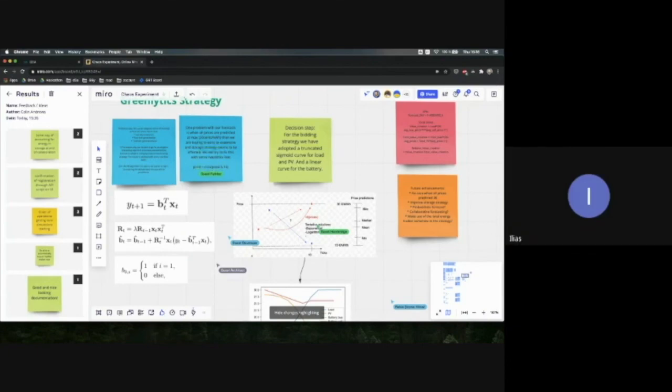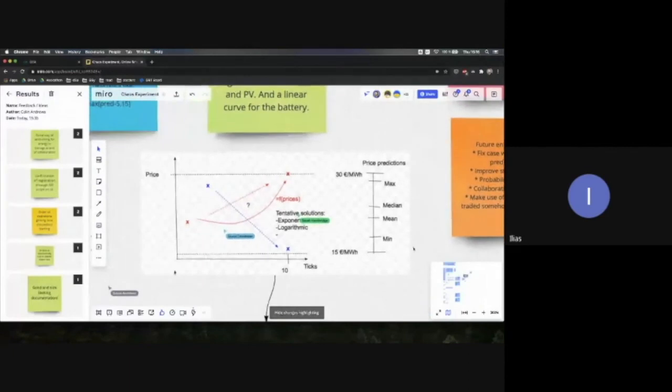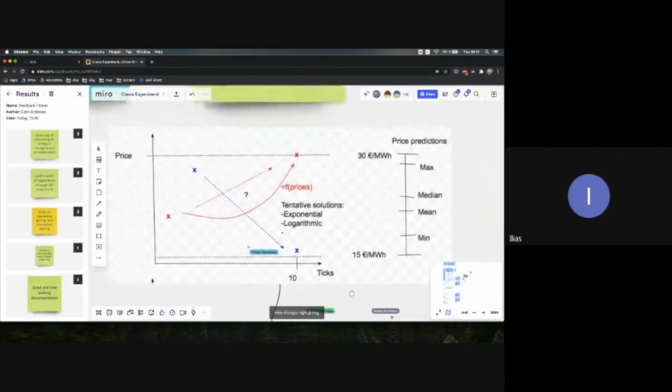Yes. Regarding our decision, can you please focus on the figure below, which is now half shown? Yeah, I can start with that. So basically, we thought we can start with a simple approach, expanding the dumb agent approach, where the price is increasing at its tick for the load and decreasing for the PV.